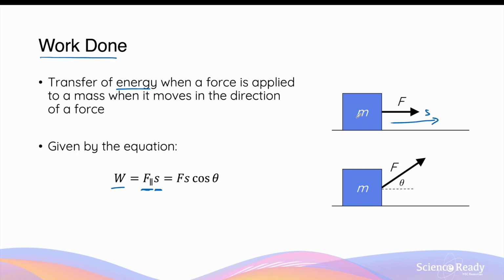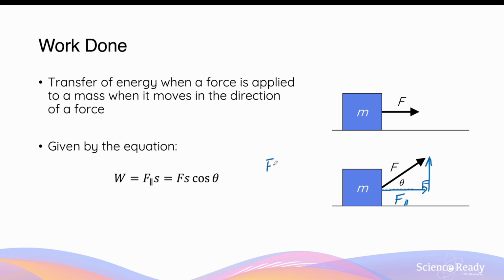Since the displacement of the mass travels to the right, then the parallel component of the force is also horizontal, directed towards the right. In cases where the force vector may not be parallel, we need to resolve the force vector into its horizontal and vertical components by drawing this right angle triangle. And by doing so, we can find the parallel component of the force vector.